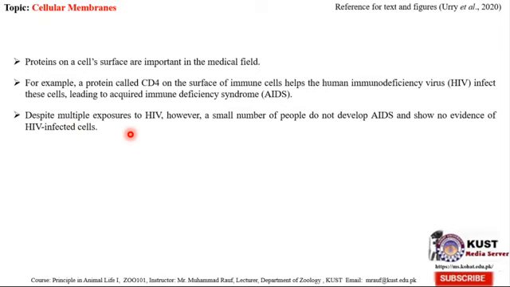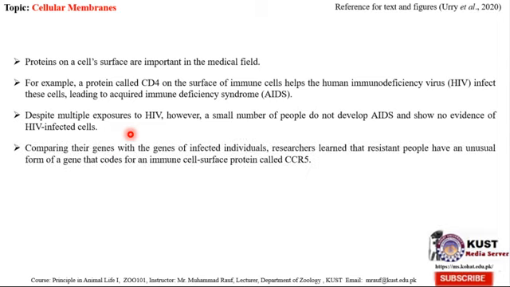But there are instances where some people are repeatedly exposed to HIV and they do not acquire this disease. So it is a kind of blessing in disguise that they have a mutation in one of the co-receptors, CCR5.